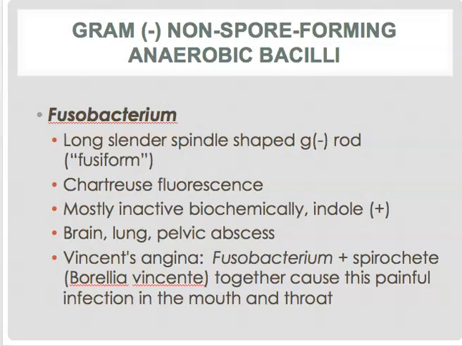It's associated with brain, lung, and pelvic abscesses. Also something called Vincent's angina, which is a progressive painful infection from the mouth and throat. And this one is caused by the bacterium Fusobacterium and the spirochete Borrelia vincentii. So you have to have both of those organisms together to cause this disease.